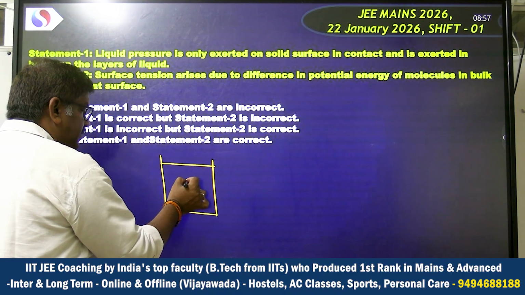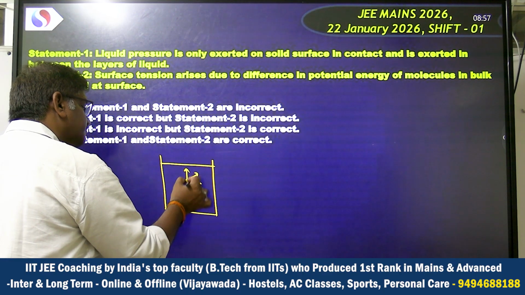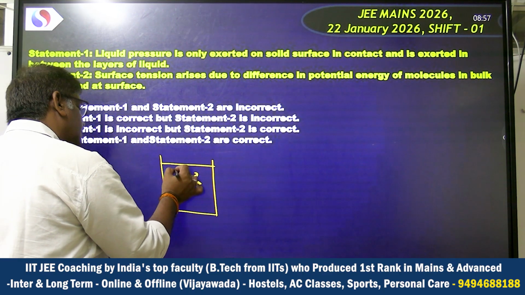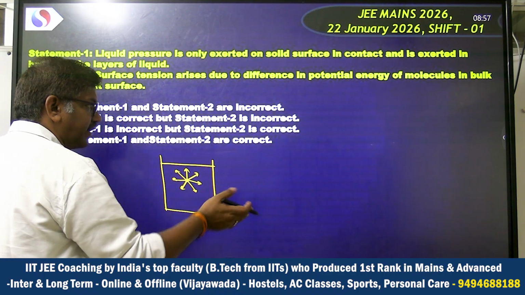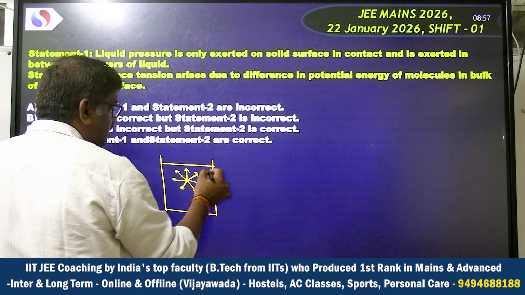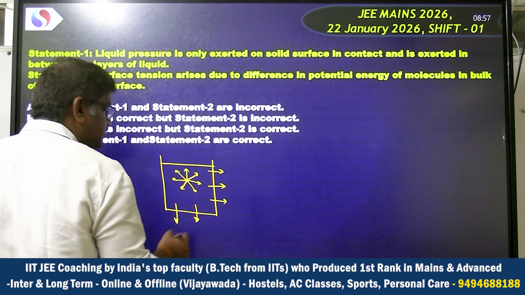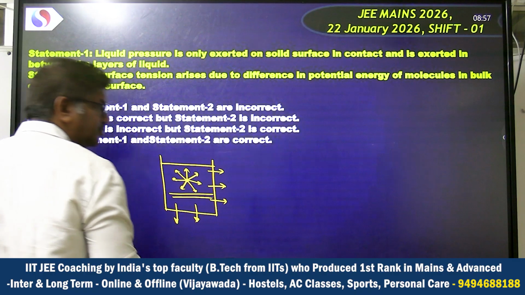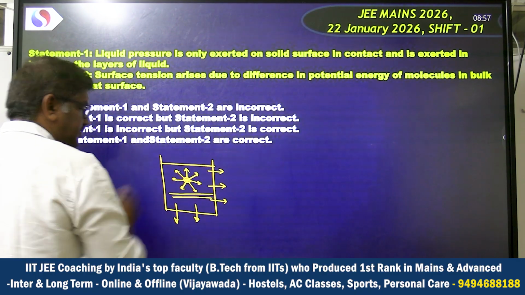And force due to the pressure exerted will be in all the possible directions. That can be inwards, outward, downward, sidewise, at any point. So it is on the solid surface also, between the layers also, and along with that, it will be in all the possible directions.